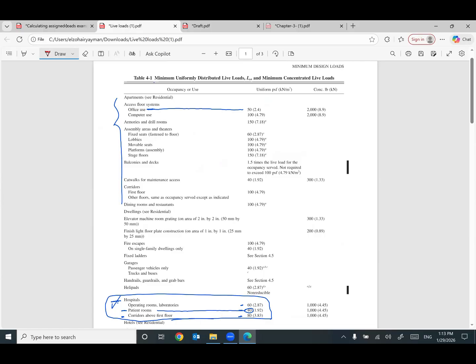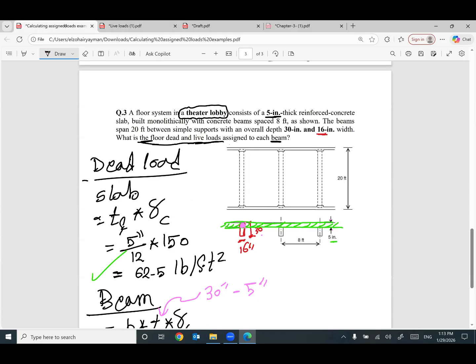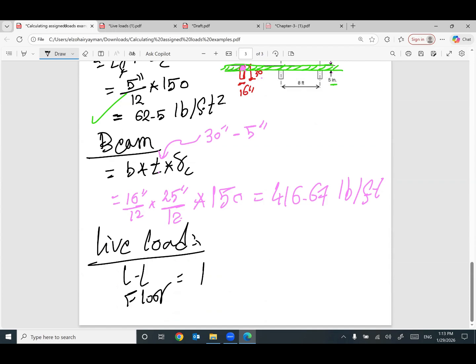We have this one, theaters and the lobbies. So the theater lobbies will be 100. And that makes sense. Looks like we have many people in the theater. So the value of the live load will be 100 pound per square feet.